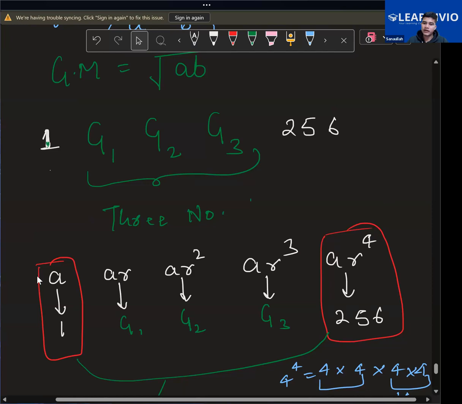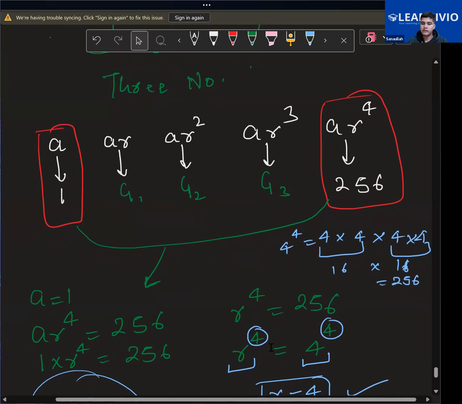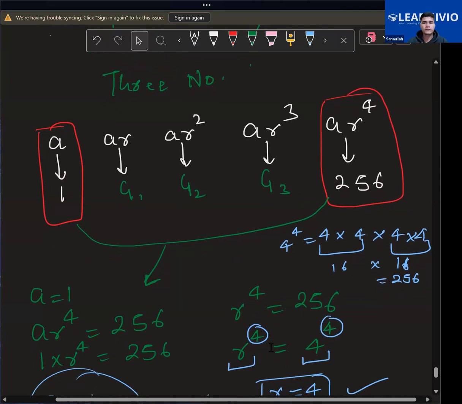In this question, you have to consider that if the first term is 1, then G1, G2, G3 and 256, then you have to consider first term a, then ar. This is the general form of a geometric progression, like ar square, ar cube, ar power 4. You know this, right? Understood?